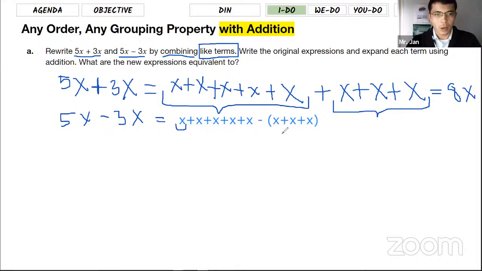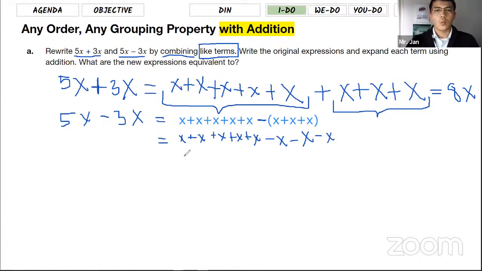Or hold on, let me go step by step. When you open up these parentheses, this negative sign makes everything inside the parentheses opposite. Do you guys remember that? So x plus x plus x plus x plus x, and this negative sign in front of the parentheses reverses everything inside. So it's going to be negative x minus x minus x.